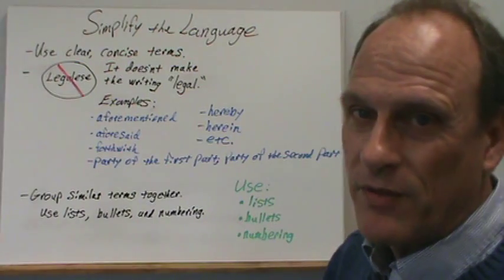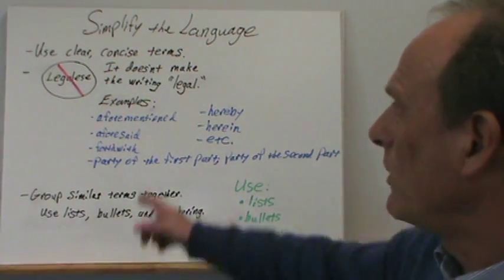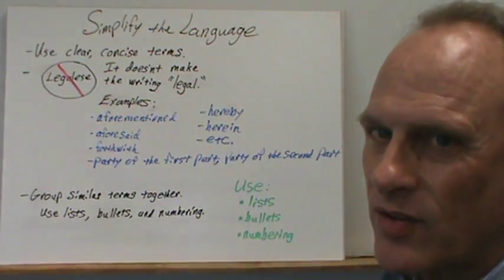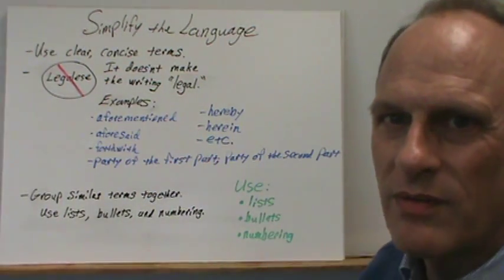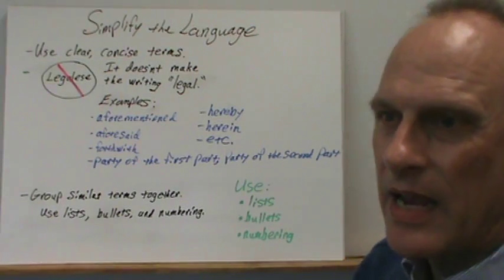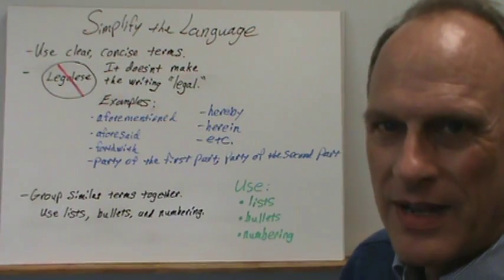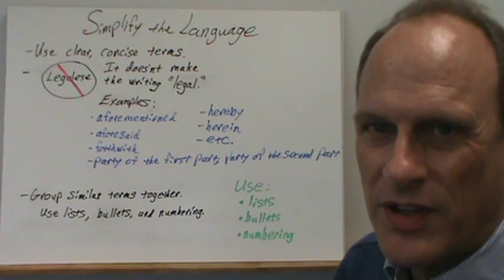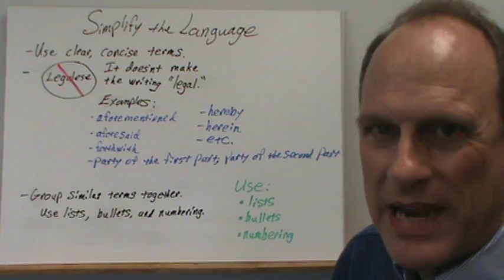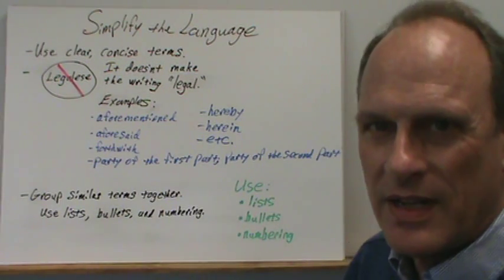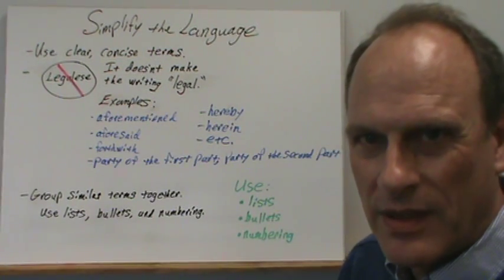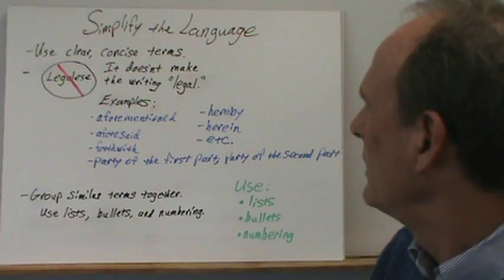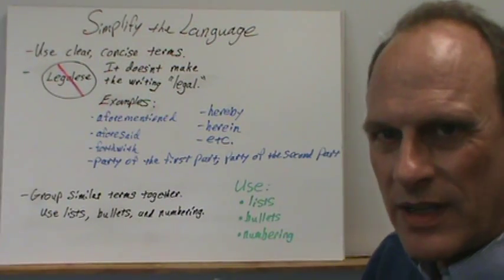We want to simplify the language that we do use. We want to use clear and concise language. We don't want to use legalese. Just because we use these legal-sounding words doesn't make the writing legal. It just makes it more convoluted. We want to simplify our language and get to the point.